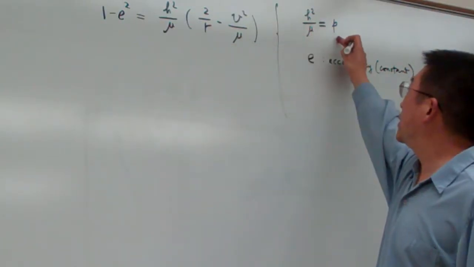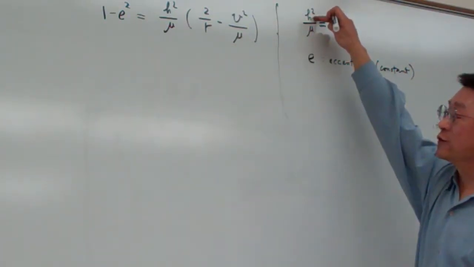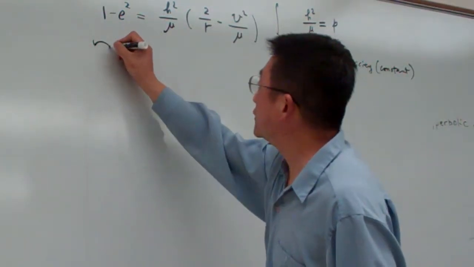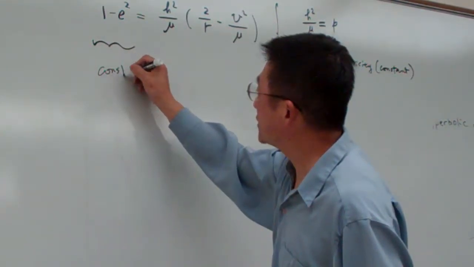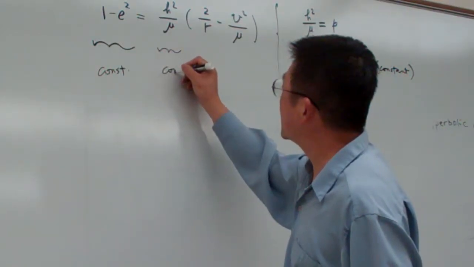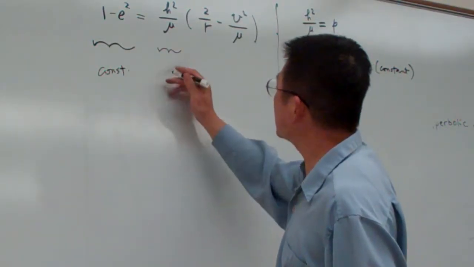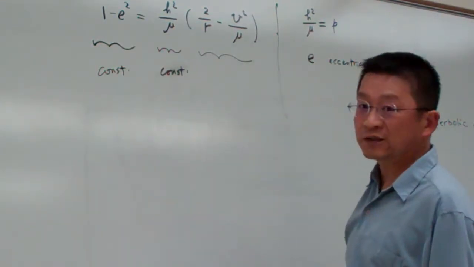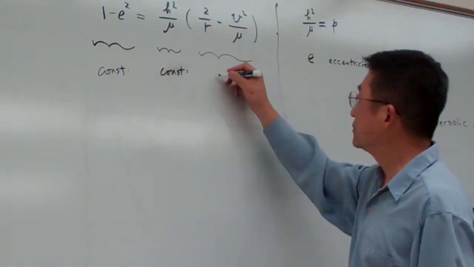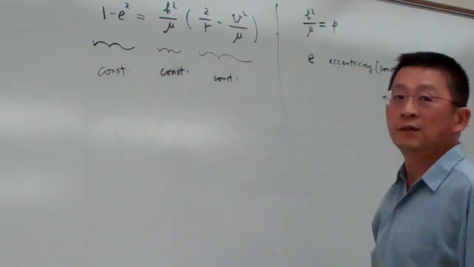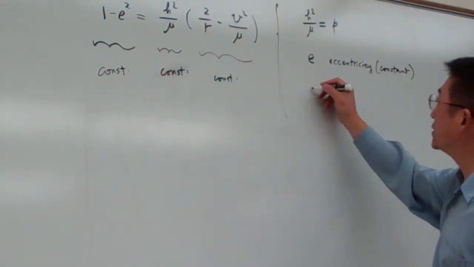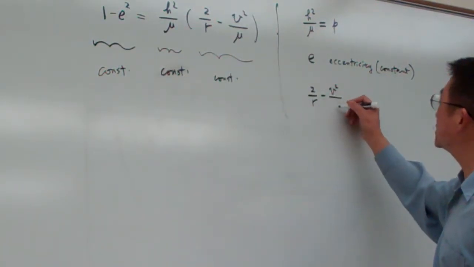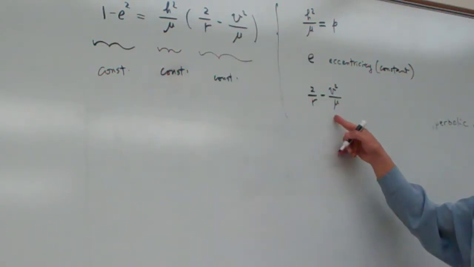And P relates to the magnitude of the angular momentum, so this term is a constant. This term is a constant. Therefore, this term must be a constant. That means 2 over r minus speed squared over mu is a constant.